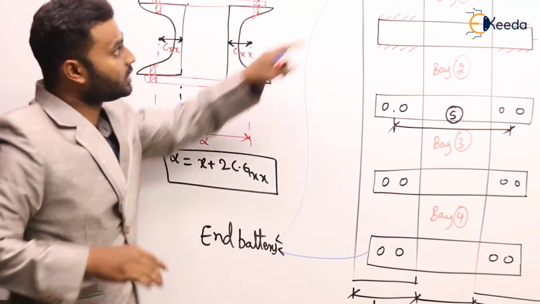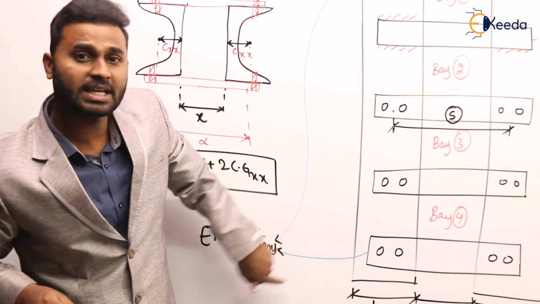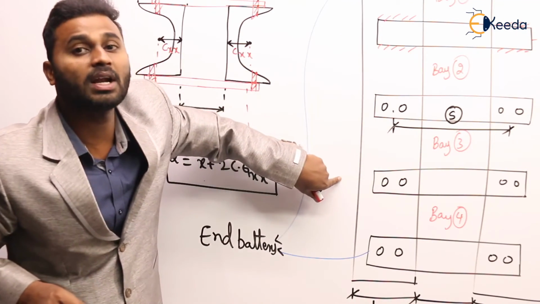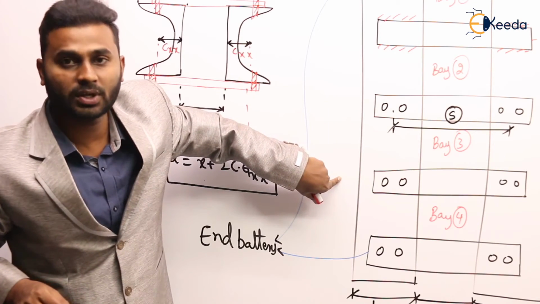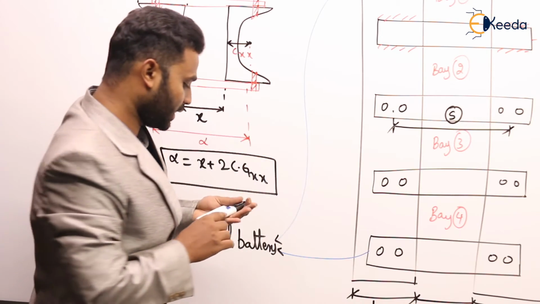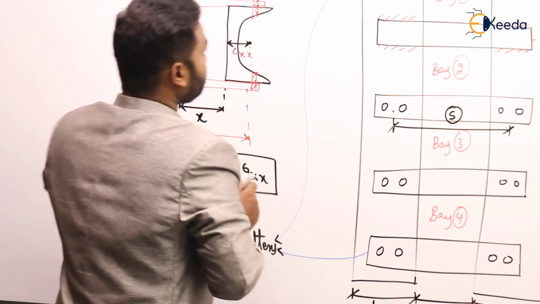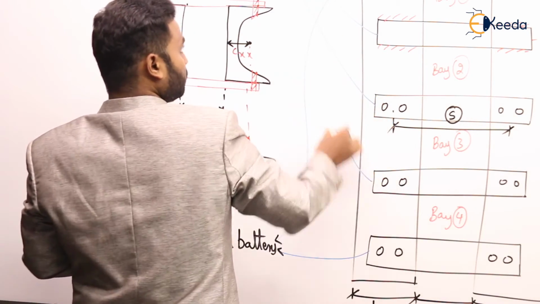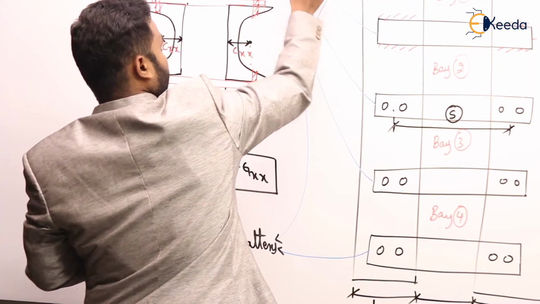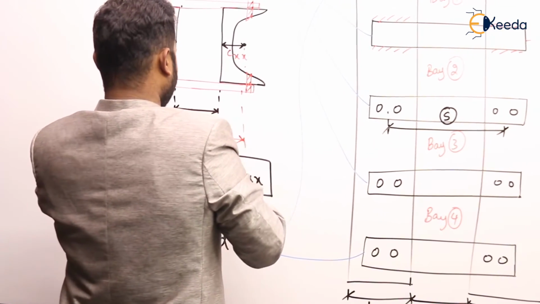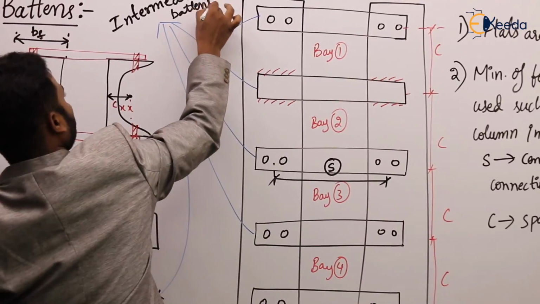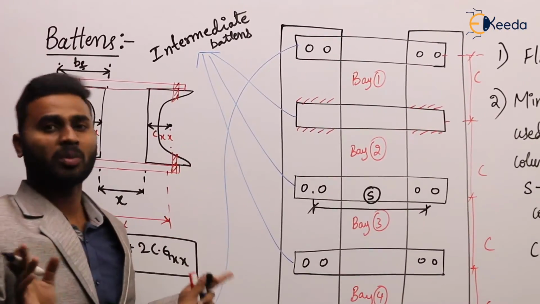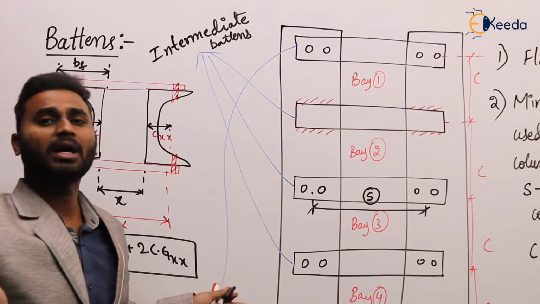And the remaining three patterns are called intermediate patterns. So the patterns provided at the top and bottom are end patterns, and the remaining patterns are intermediate.